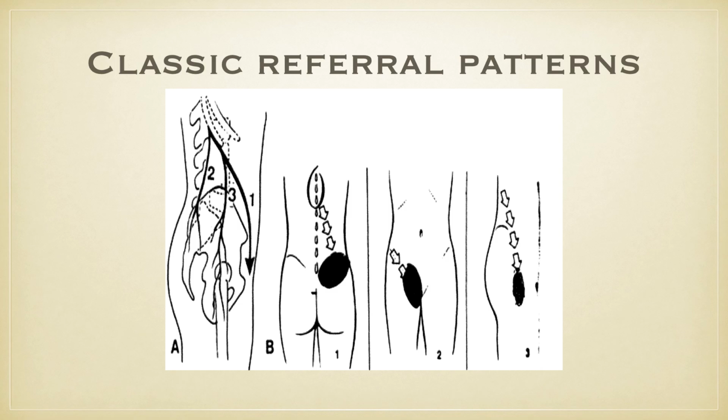So here is a great picture from some of his work that shows the classic referral patterns for this particular syndrome. And in a minute, we'll go over how we can identify whether this particular syndrome is the case, or whether it is something else that's causing this patient's symptoms.